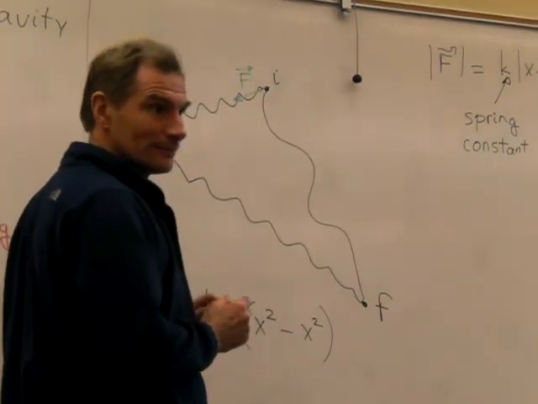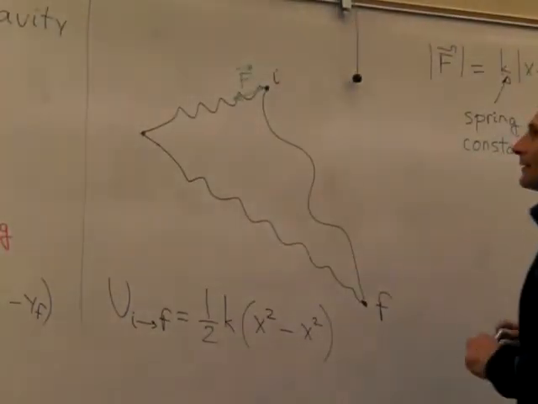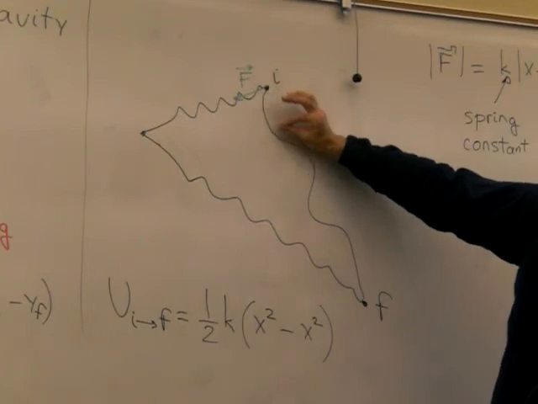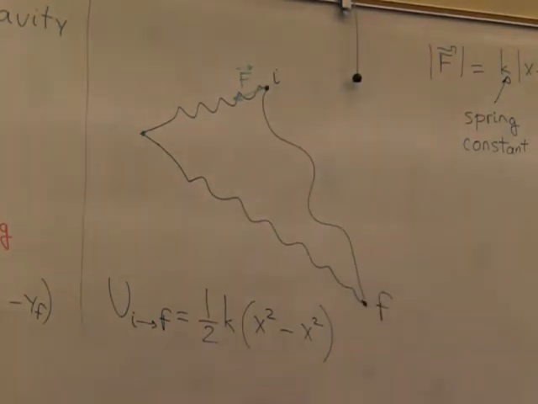The displacement and the force are in opposite directions, essentially, right? So if you pull on the spring like this, let's say the spring is stretched initially, and I pull more on it, is the force doing positive work or negative work? Negative work. So this formula should work in that case.